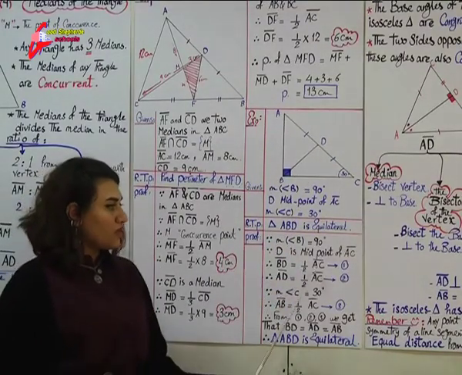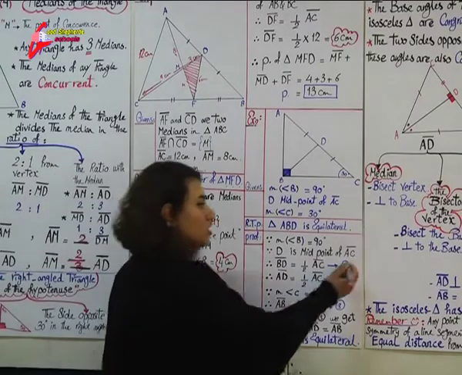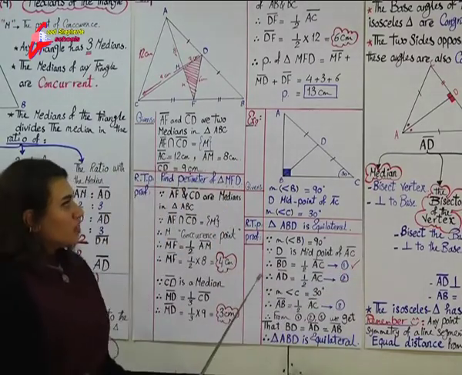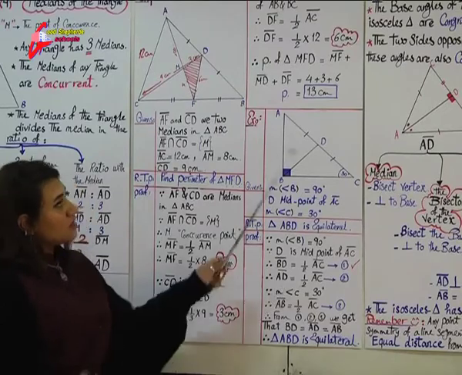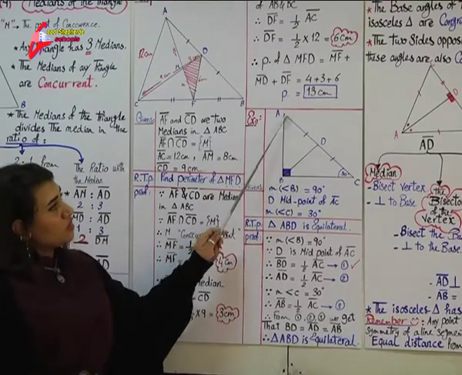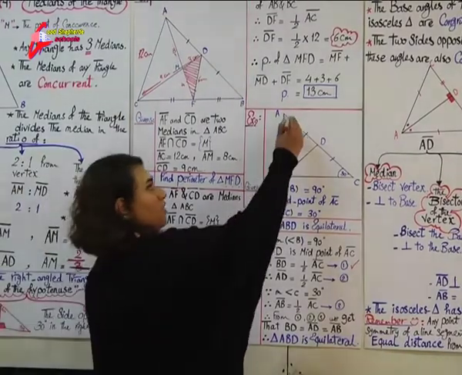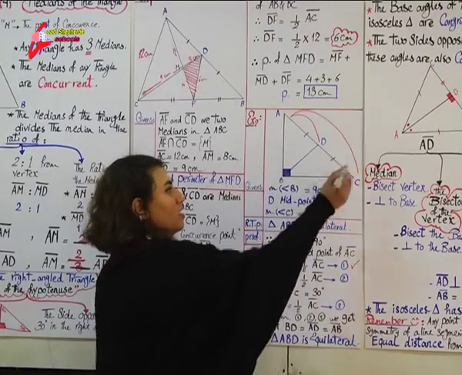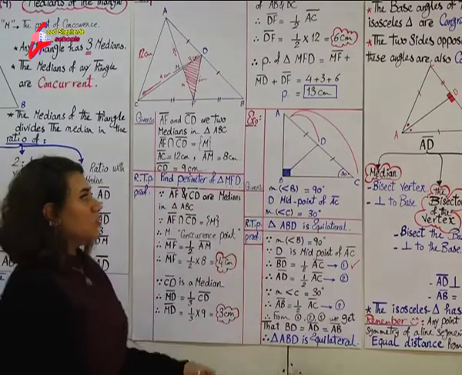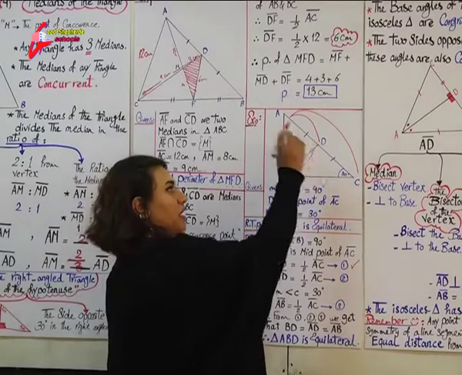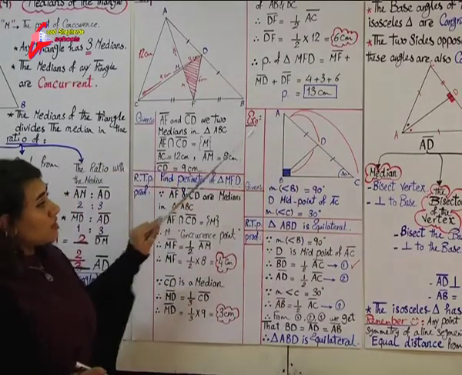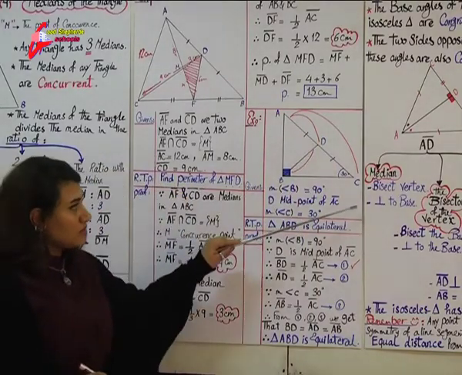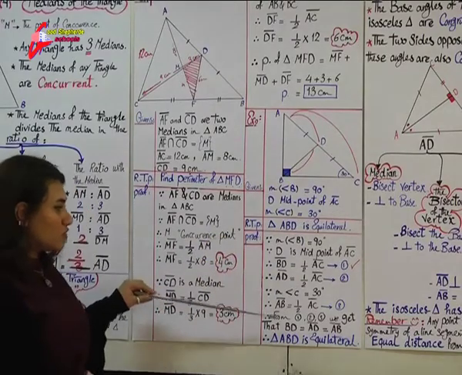BD is half AC, and that's conclusion number 1. Another thing, since D is a midpoint, AD also will be half of AC. If AD is half AC, also we say that BD is half AC. If you get that AB is half AC again, it means you get what you want.